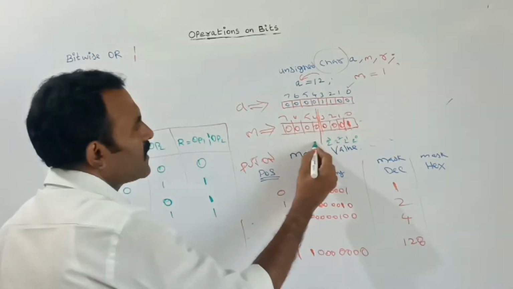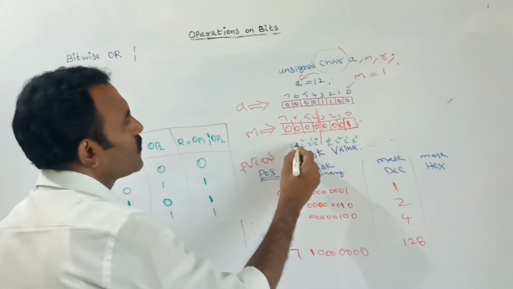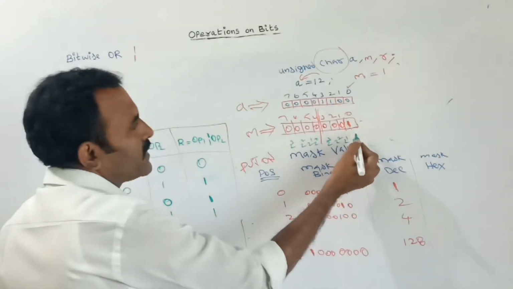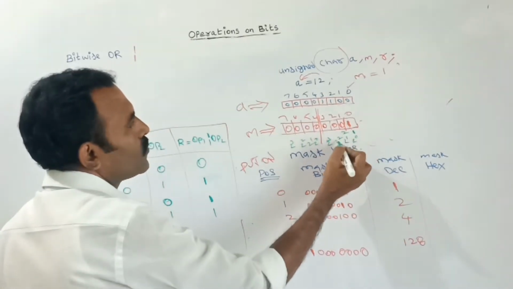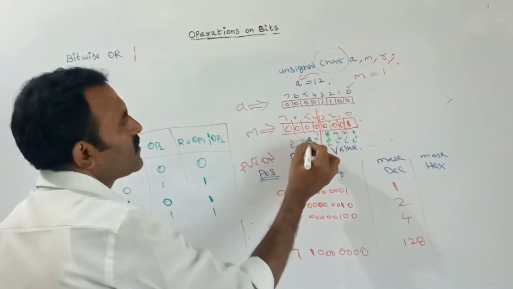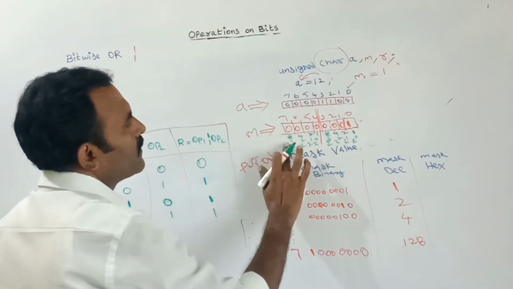Here you start from 2 to the power 0, 2 to the power 1, 2 to the power 2, and 2 to the power 3. 2 to the power 0 is 1, 2 to the power 1 is 2, 2 to the power 2 is 4, and 2 to the power 3 is 8. This nibble also has the values 1, 2, 4 and 8.